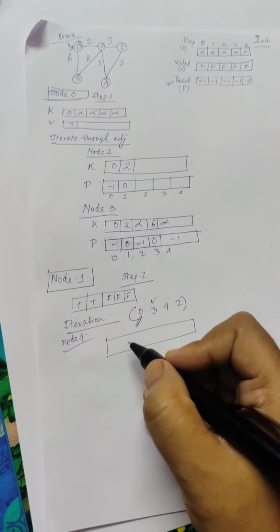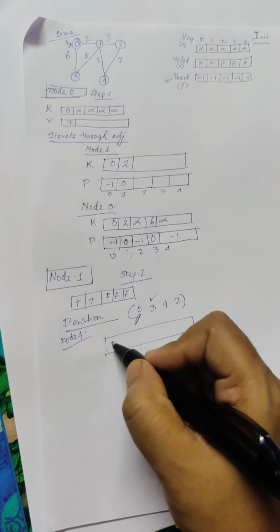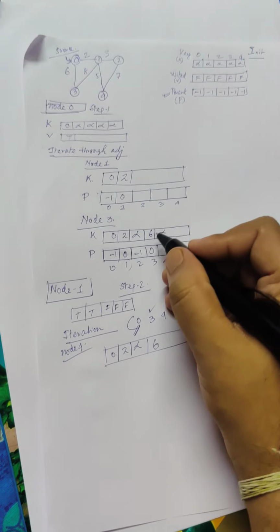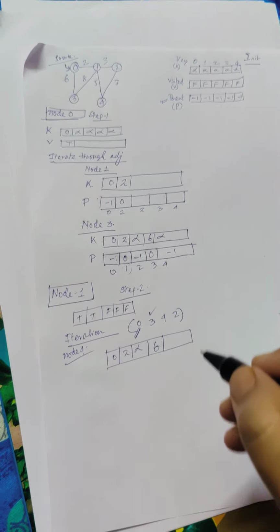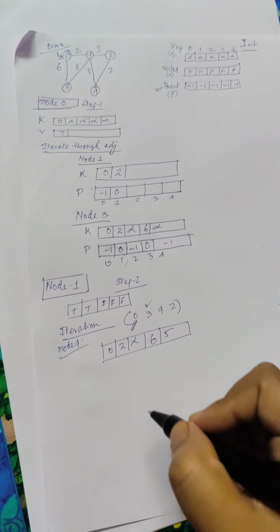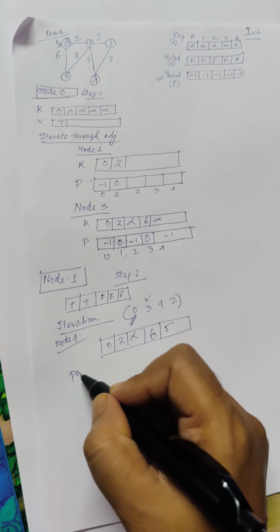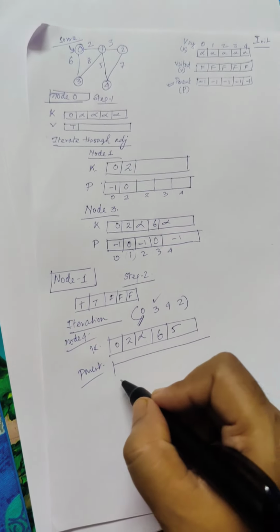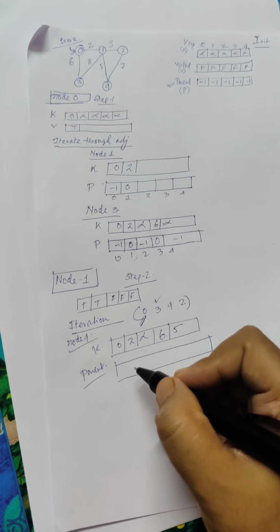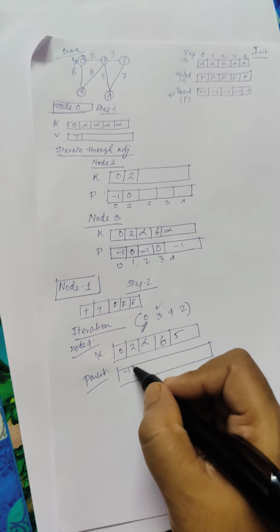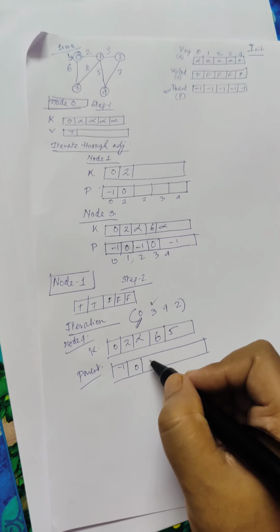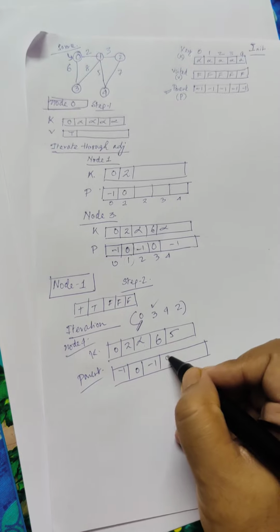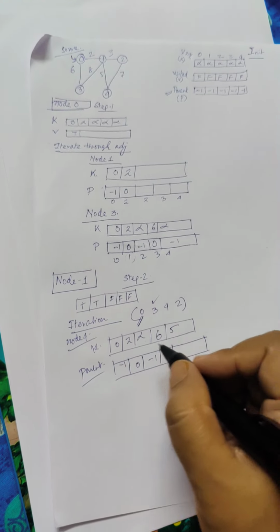So in case of node 4, it is going to be 0, infinity as it was earlier, then 6, and after that the value is 5, right? Now let's see how the parent array looks. At the 0th position it was -1, then at the first position it was 2, -1, and then 0, and in the 4th position, who is going to be the parent?